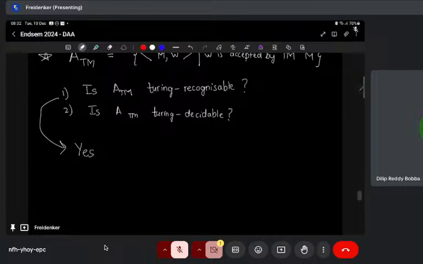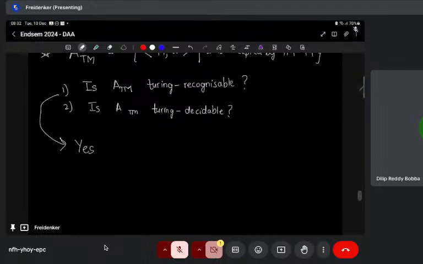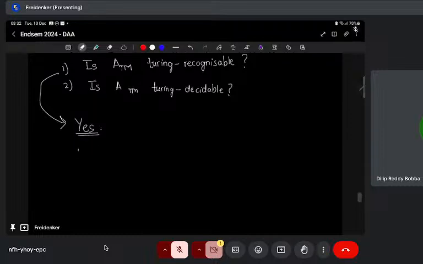We'll see. I'm creating something called a universal Turing machine, which is U.